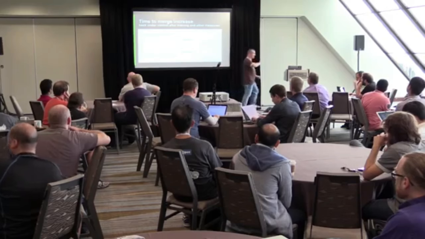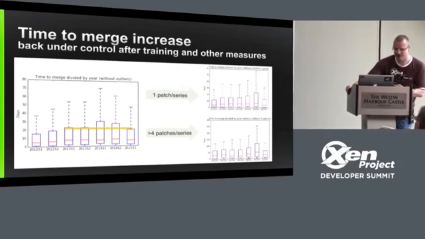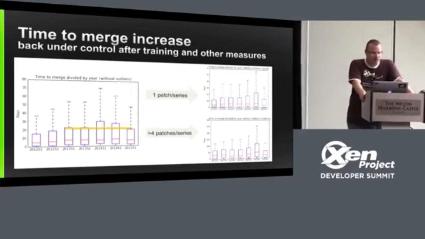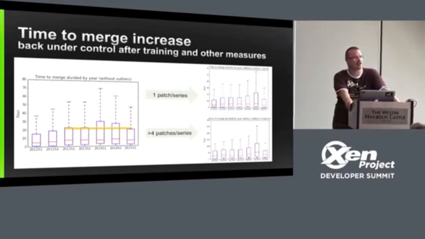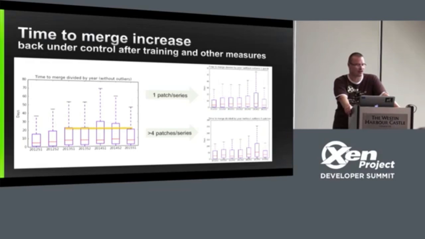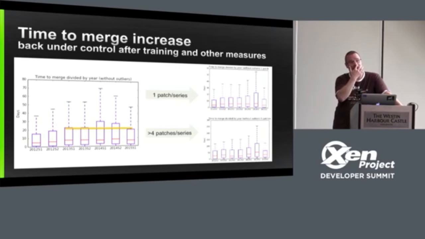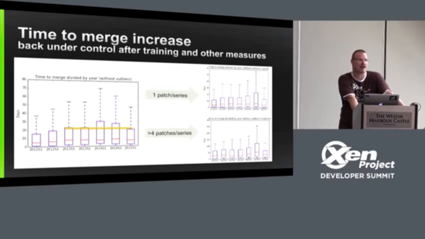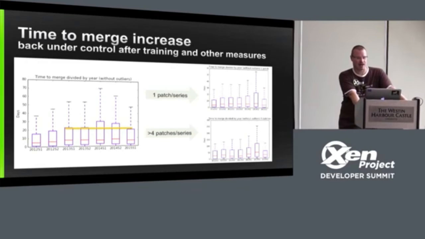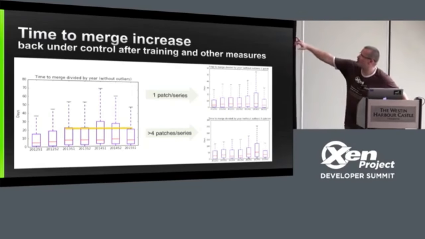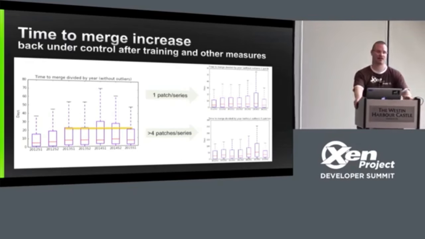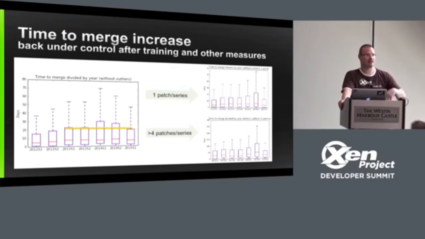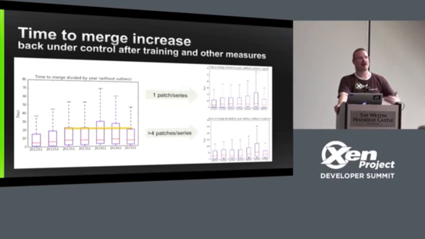We had a spike in 2014, and then in 2015 things started to get back to our long-term average. It seems to imply that some of the things we did around the time to address these issues have actually worked. And the graphs on the right test that theory for various different sizes of patches.